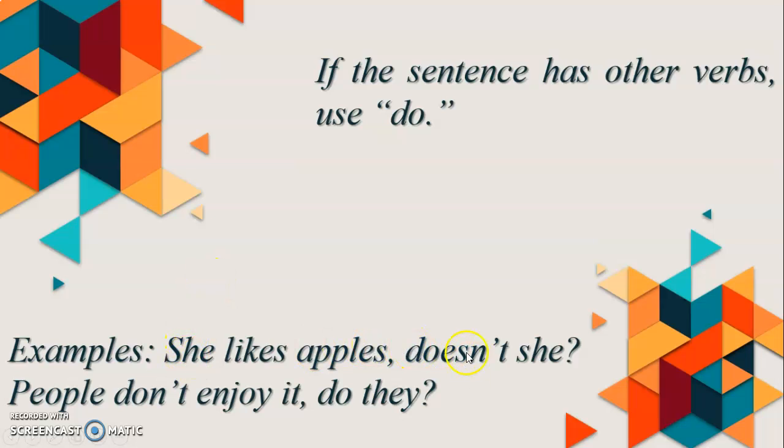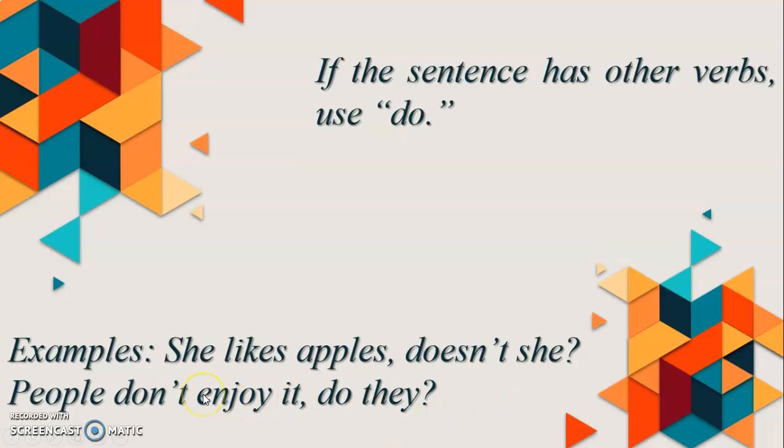Remember that doesn't is simple present, and we use doesn't if the sentence has he, she, or it, and in this case it contains she. Okay, so basically, she likes apples, doesn't she?